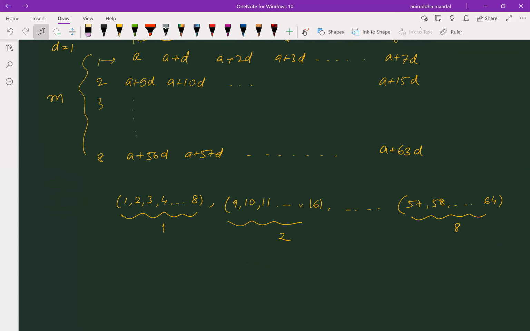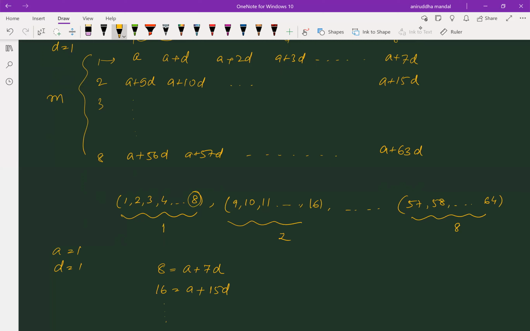Suppose this is the last element of the first row. This 8 can be written as a plus 7d, since a and d are 1, as we have already assumed. Now this 16 can be written as a plus 15d.